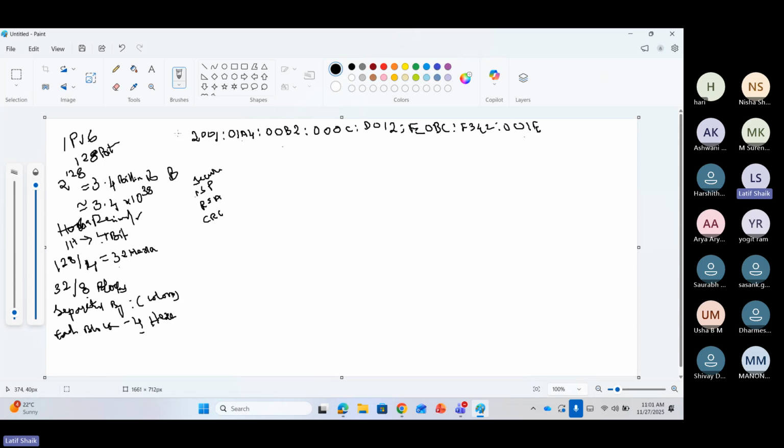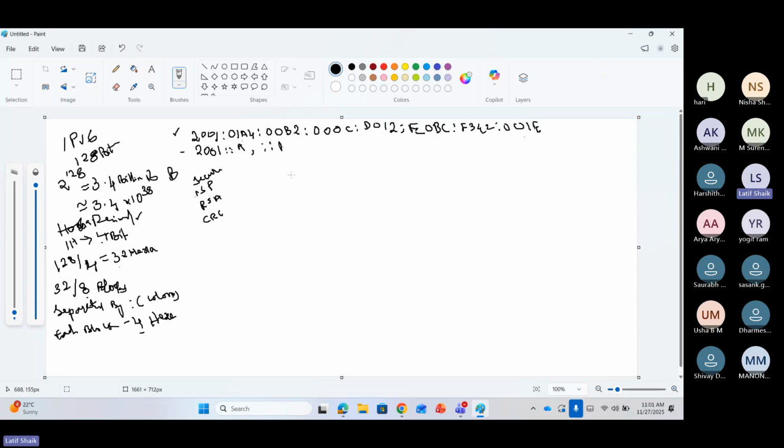But this is a simple IPv6 address. I'm going to write one more IPv6 address, 2001 colon A, for example, colon A. This is also one IPv6 address. Colon 1, this is also one IPv6 address.